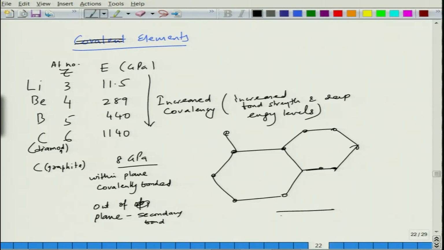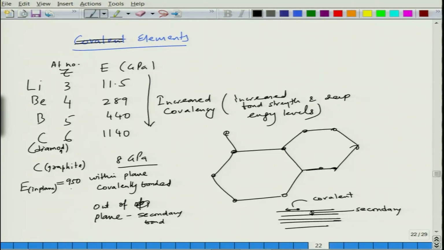So, these are graphite plate flakes. This is the secondary bond, and within the plane you have the covalent bond. If you take E in plane, the E value of graphite is 950 GPa, very close to diamond.